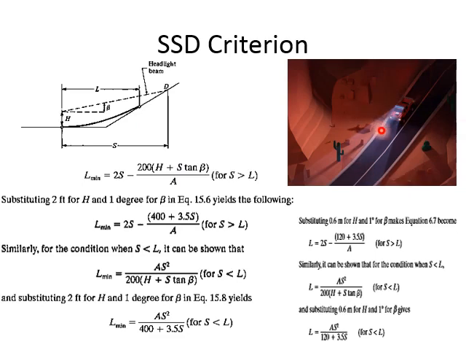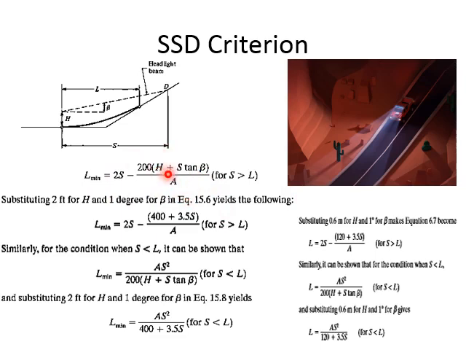So in night conditions, your sight distance will depend upon the beam of the headlight, how much is shown by the headlight. I can only see up to the distance which is shown by the headlight. So I have to incorporate the parameters of the headlight in the length of the curve equation.